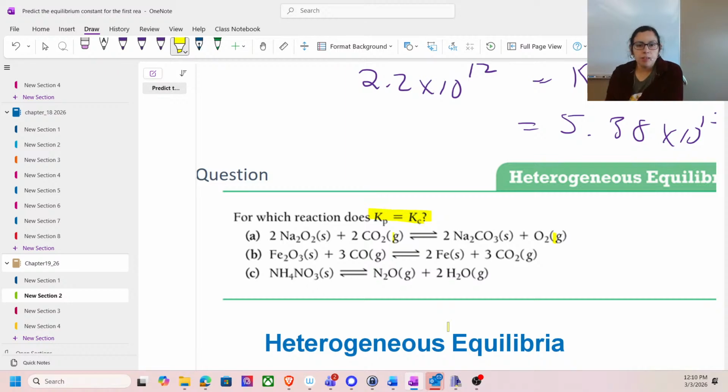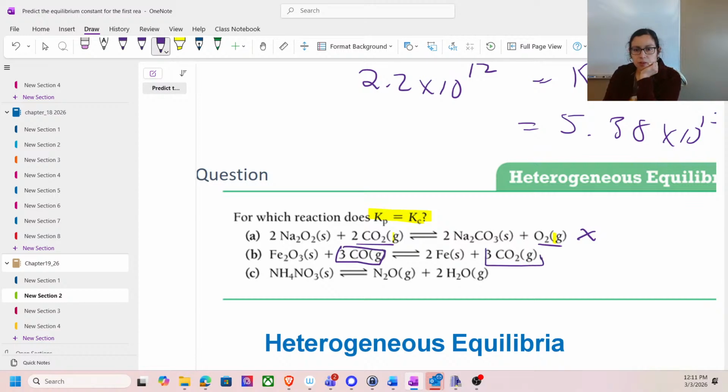And so let's start looking at them. How many gas molecules did we have in our reactants for A? So 2, right? And how many were in our products? So 1, so that's not equal. Okay, let's look at B. How many gas molecules do we have in our reactants? So 3. How many in our products?